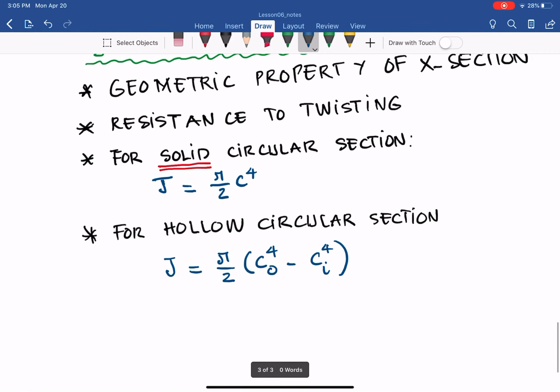What is that about? If we have a cross section here, that is the c we are talking about.